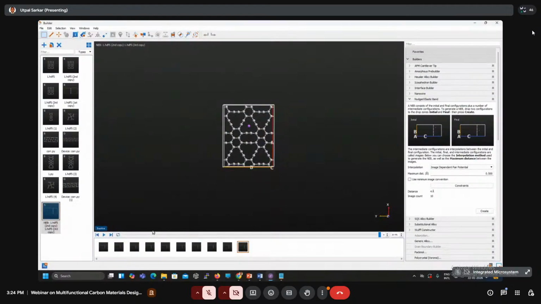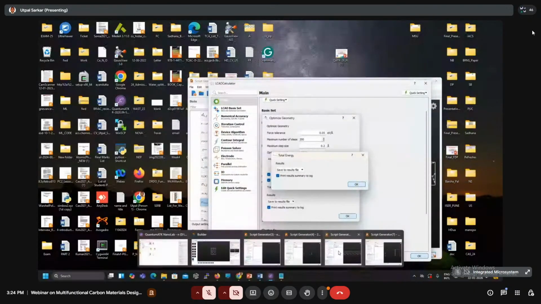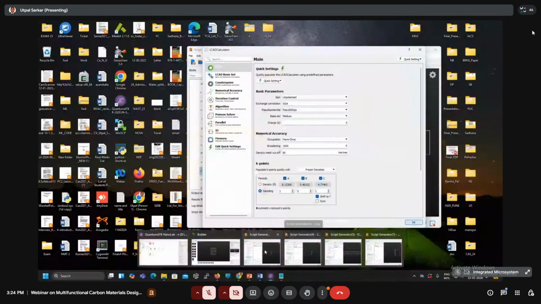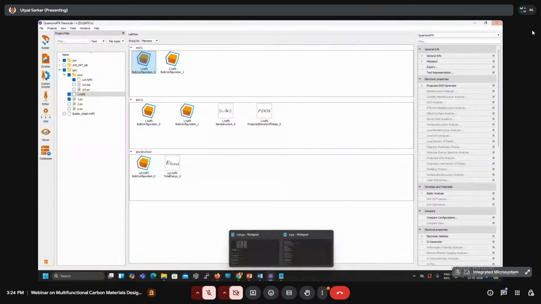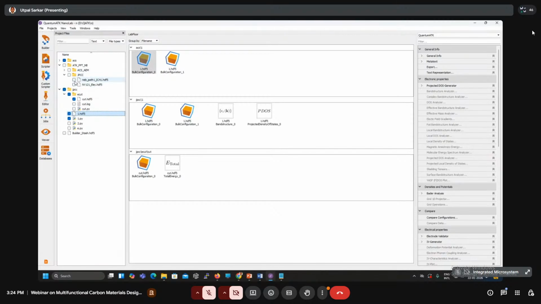So after running the NEB calculation, we get the output.